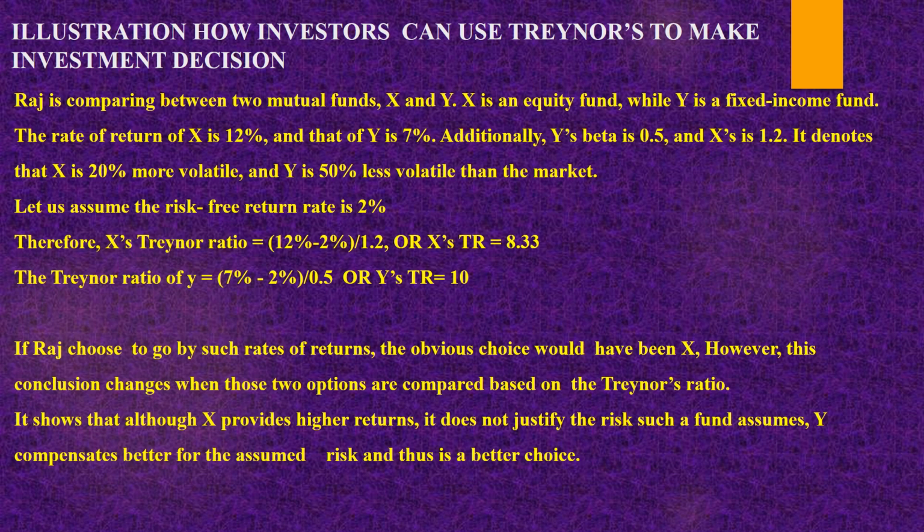If Raj chooses to go by the rate of return, the obvious choice would have been X. However, this conclusion changes when the two options are compared based on Treynor's ratio. It shows that although X provides higher return, it does not justify the risk such a fund assumes. Y compensates better for the assumed risk and thus is a better choice. So it illustrates how investors can use Treynor's ratio to make investment decisions.